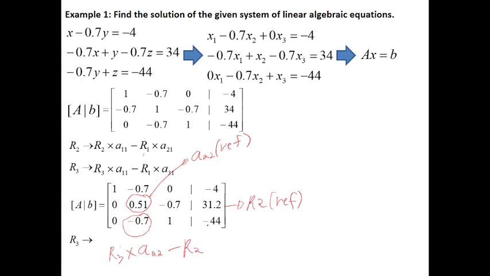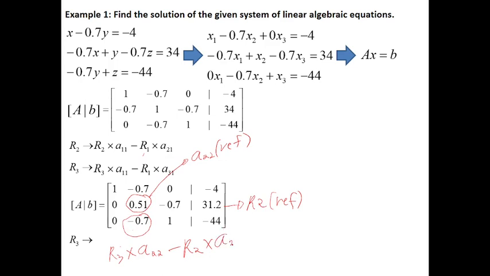And then, multiply mo siya ng element na gagawin mong 0. Ito, negative 0.7. In that case, what column and what row? A32, third row, second column.